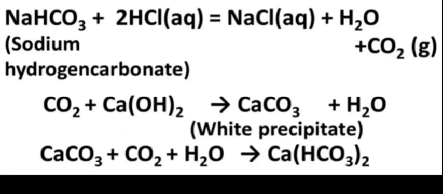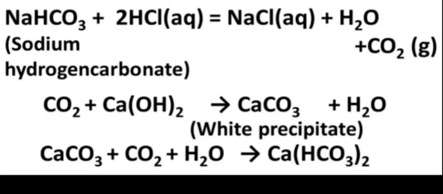This is for metal hydrogen carbonates, students. NaHCO3, you can call it sodium hydrogen carbonate or sodium bicarbonate. When this reacts with acids, what happens? Again you find the same formation of salt plus water plus evolution of carbon dioxide gas.